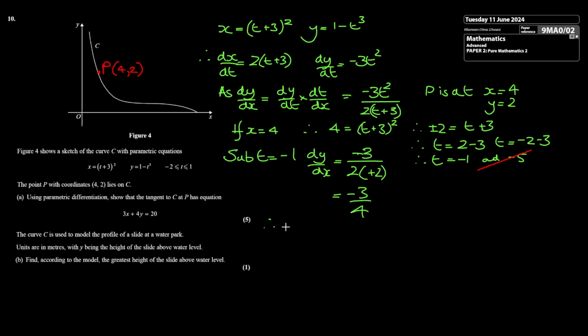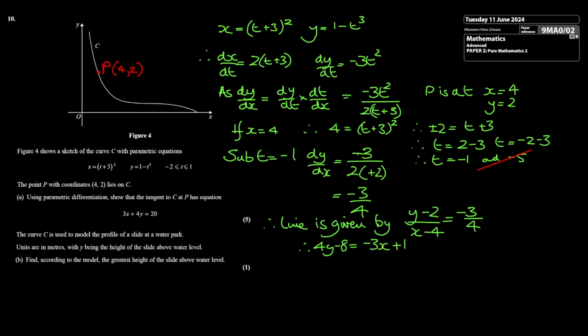So the line is given by y minus the y coordinate, which is 2, divided by x minus the x coordinate, which is 4, is equal to negative 3 over 4. Cross multiplying, 4y minus 8 is equal to negative 3x plus 12.